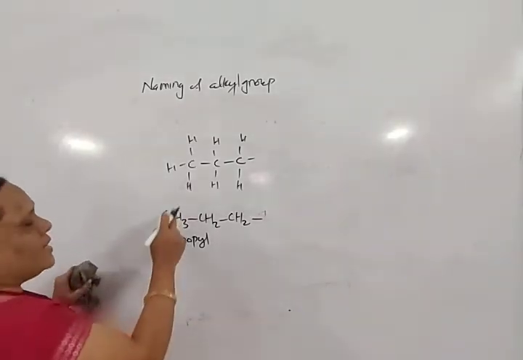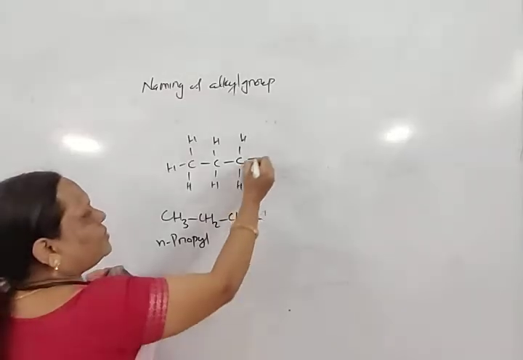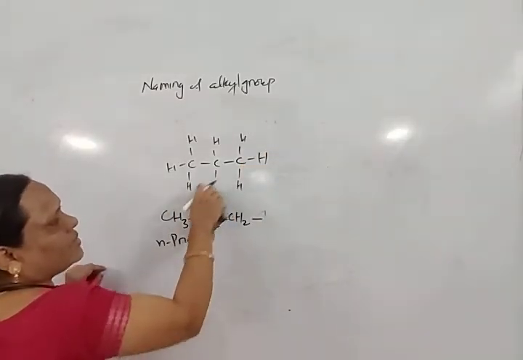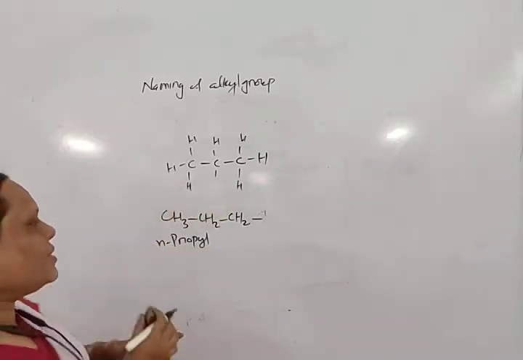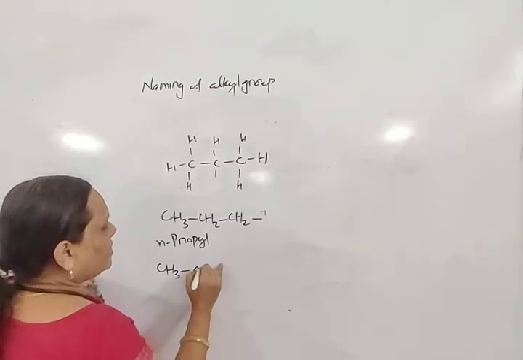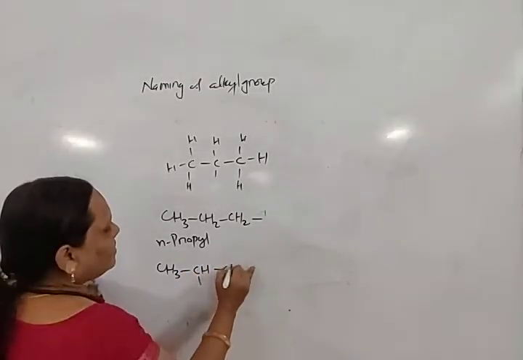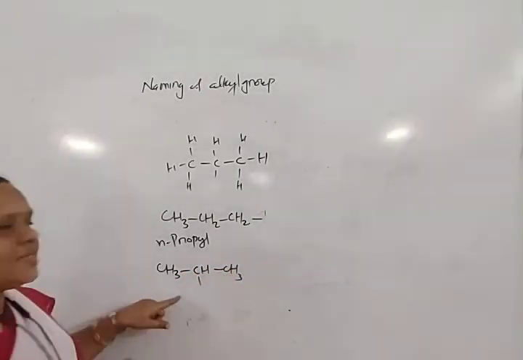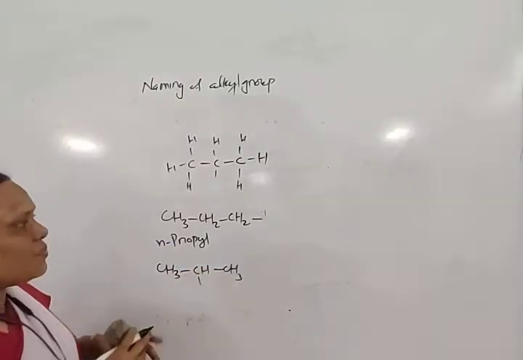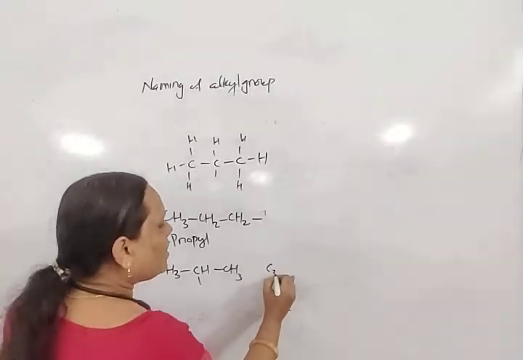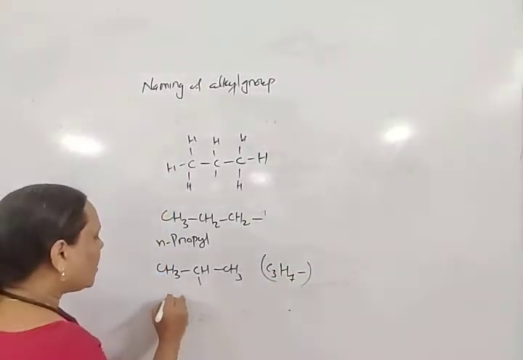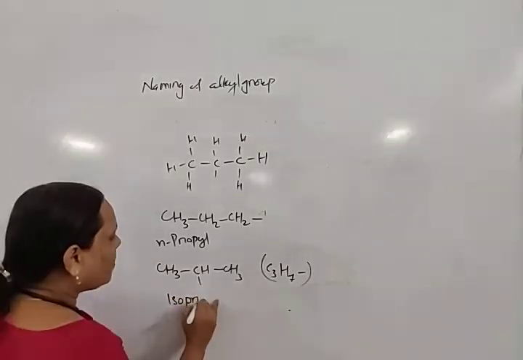Similarly, if the hydrogen is removed from the middle carbon instead, what can I write? CH3, CH, CH3. This can be represented like this. It has the same formula, C3H7, but this group is known as isopropyl.